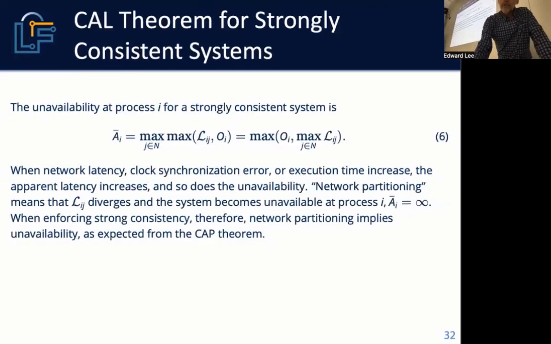And then you can put all these together and it immediately follows from their definition, this relation between them, which is that the unavailability is the maximum over all the processes, the processing offset, and the maximum of the apparent latency. Okay.